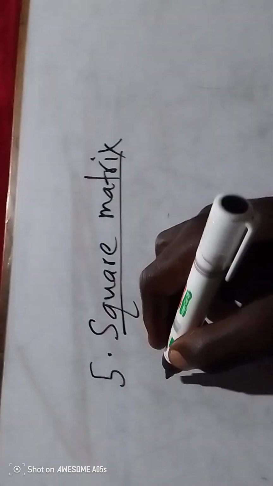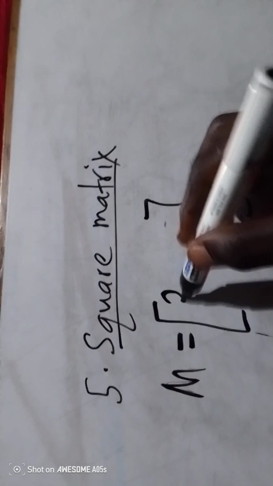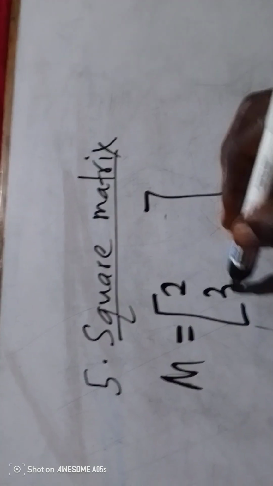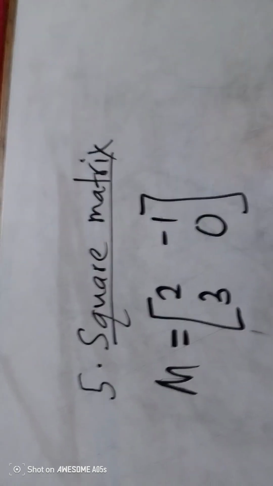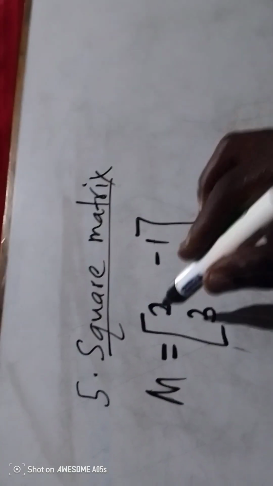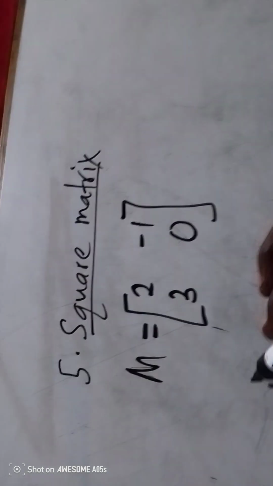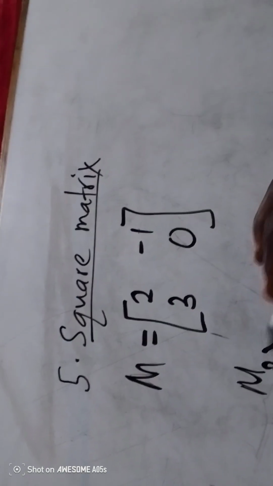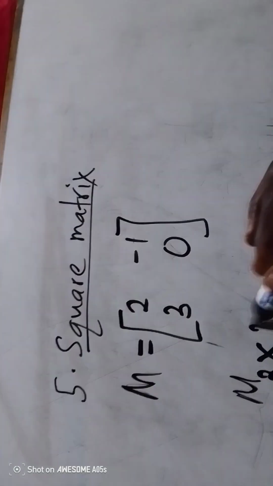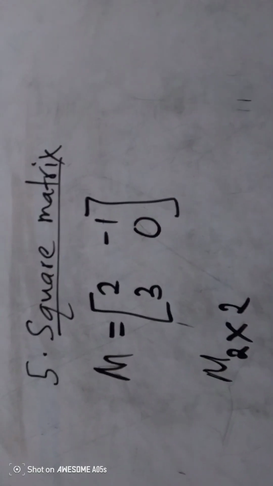It doesn't matter what is inside each row and column, as long as the number of rows and columns are the same. So you can have a 2 by 2. If they ask you for the order, you will say 2 by 2. So M has got the order 2, and then the columns are also 2. So this is a square matrix.